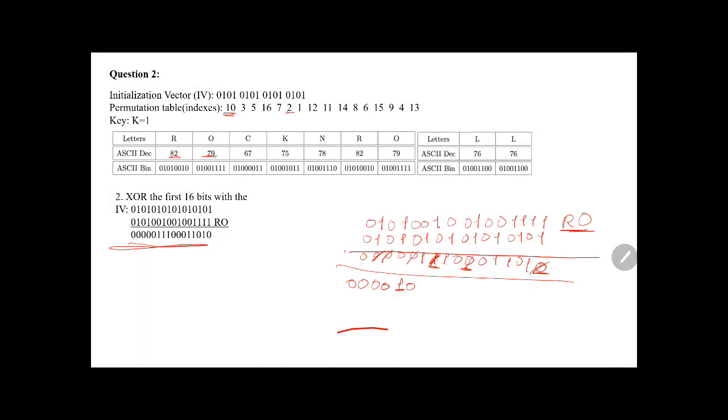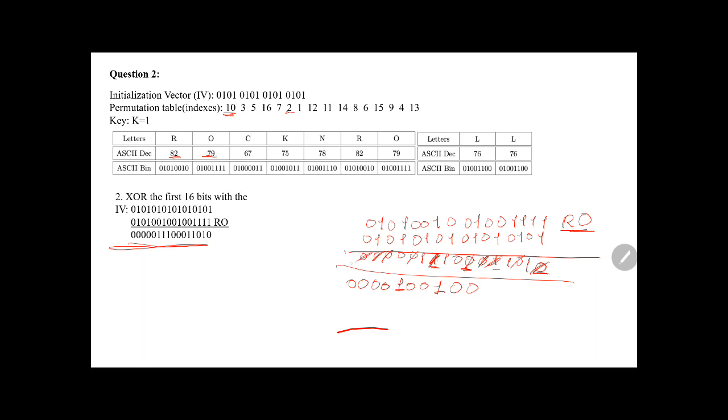Then 1, which is this one here. Then 12, which is this one, I'll cross it, take it here. And then 11, which is this one, cross and take it here. And then 14, 15, 16, which is this one, I'll cross and take it here.